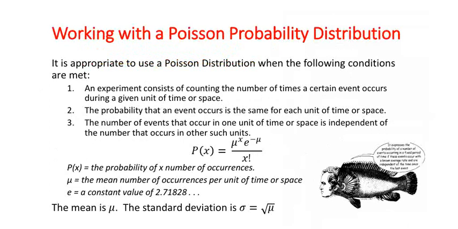Now, there is a mathematical formula. Here it is. It's the mean number of occurrences per unit time or space raised to the power x, for x being the number of occurrences, times the base e. e is a constant, 2.71828, raised to the negative of the mean, over x factorial. That exclamation mark is called a factorial. That means we multiply x by every number less than x.